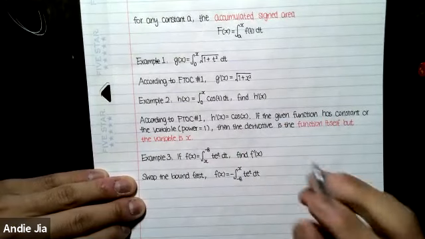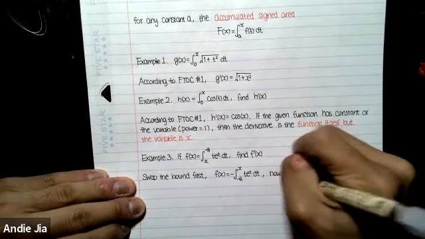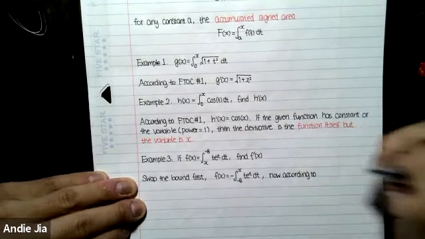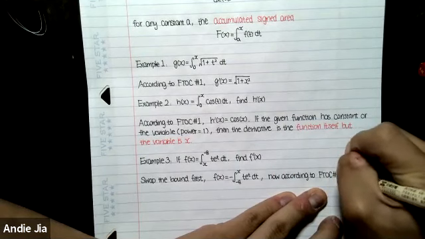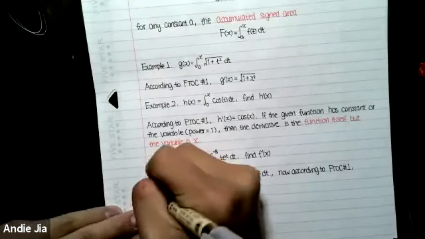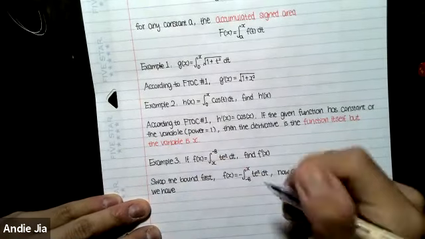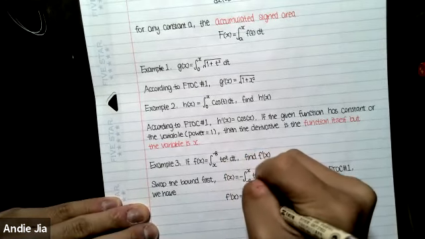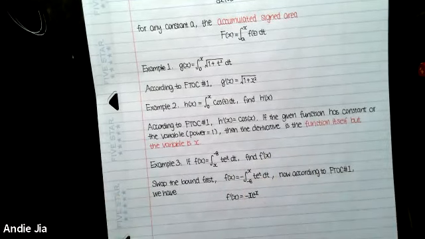And now, according to FTOC part 1, we have f prime of x is negative x e to the x. Also make sure to swap the bounds.